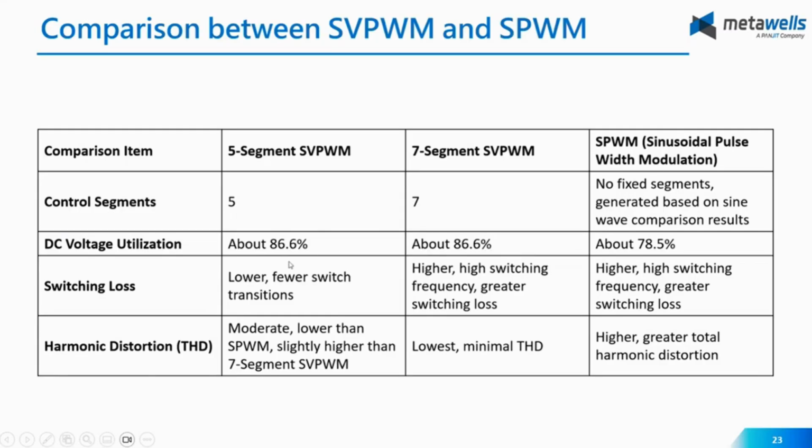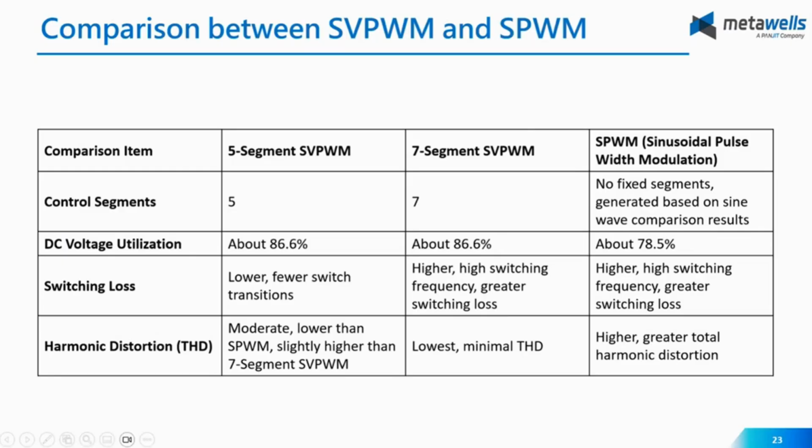But we can see a very important advantage is DC voltage utilization. It's about 86.6%, and the traditional SPWM strategy is just about 78.5%.